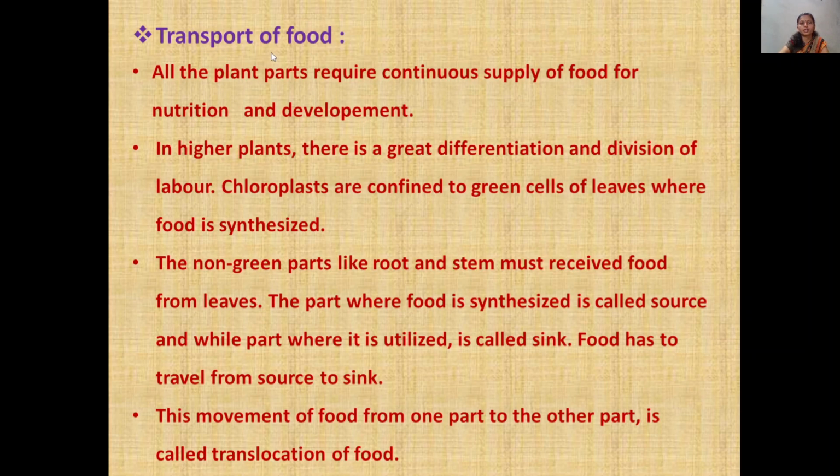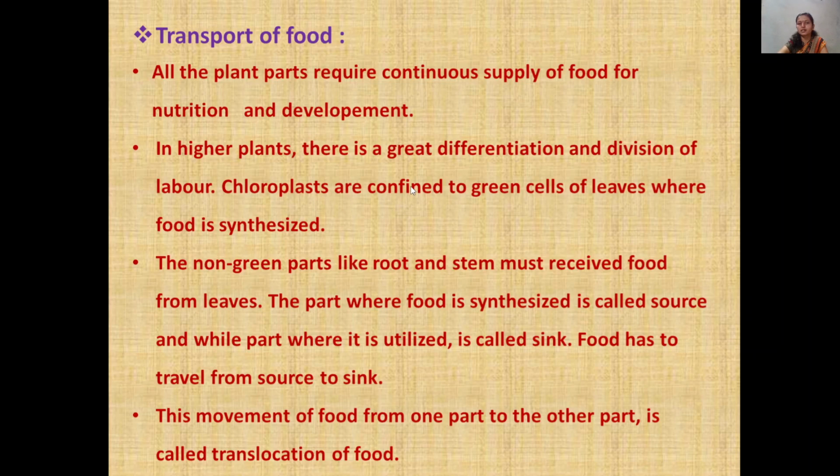The next point is transport of food. All the plant parts require a continuous supply of food for nutrition and development. In higher plants there is a great differentiation and division of labor.